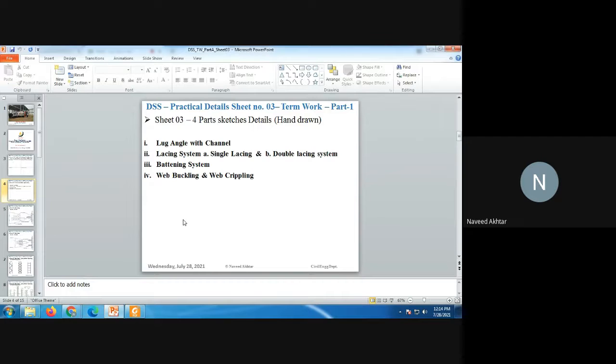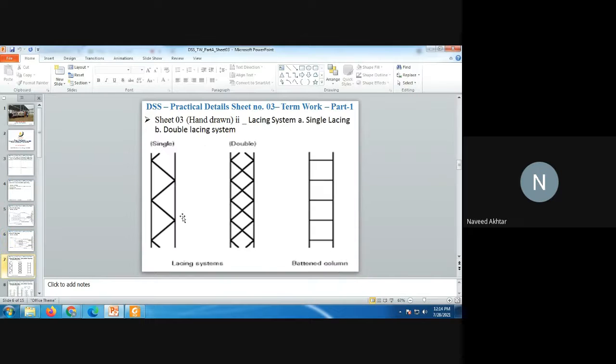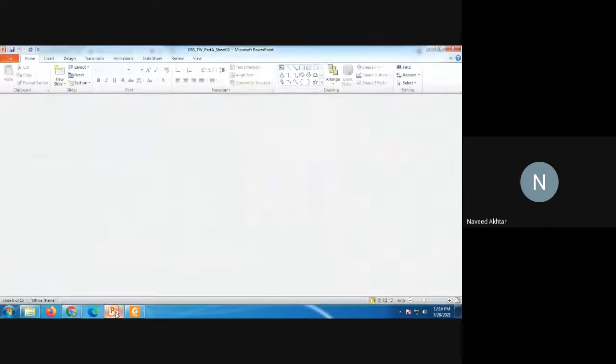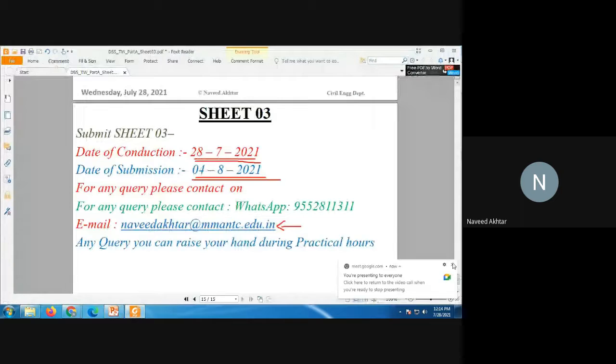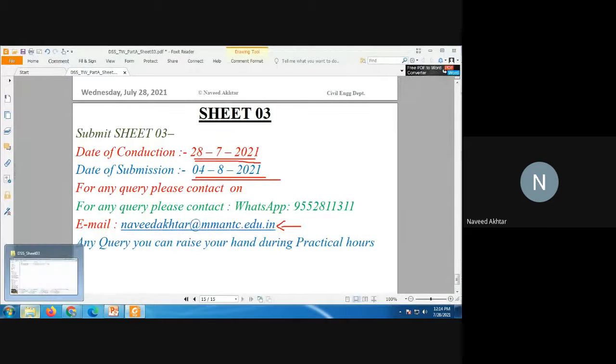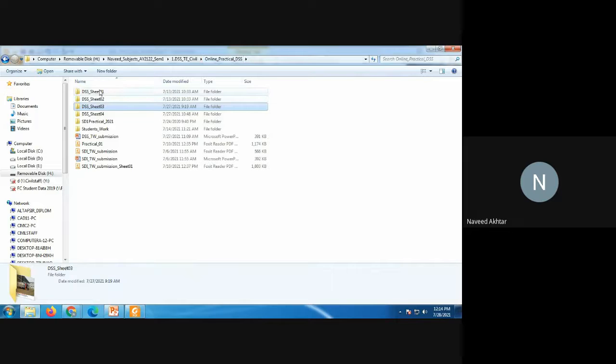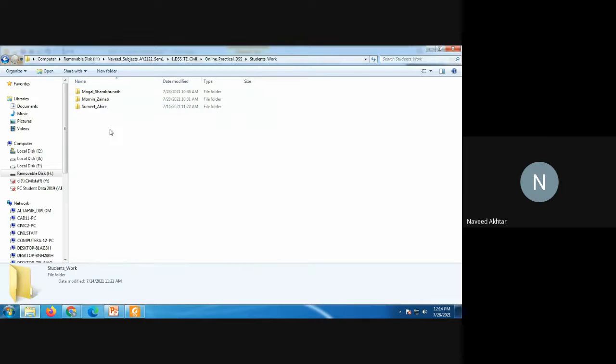Okay, so this is about today's practicals. Previous practicals we have seen, and many of the students have completed them. I am writing the names of the students who have completed and whose work is shown.